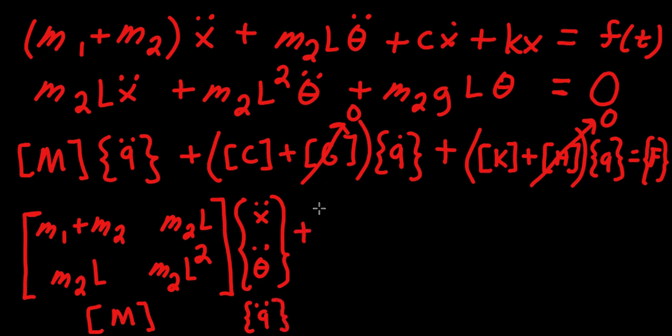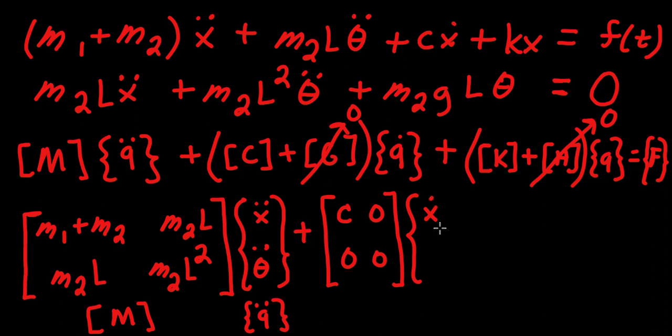I'm going to add to this the damping matrix, which is very easy to write. It's just this. It's going to be multiplied by x dot and theta dot. So this is my damping matrix, the equivalent of my q dot vector.